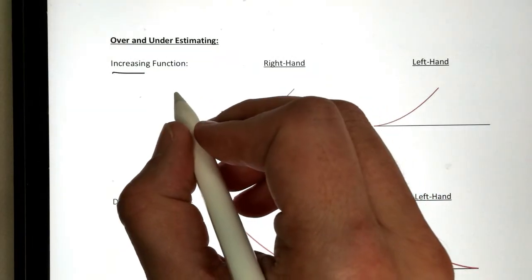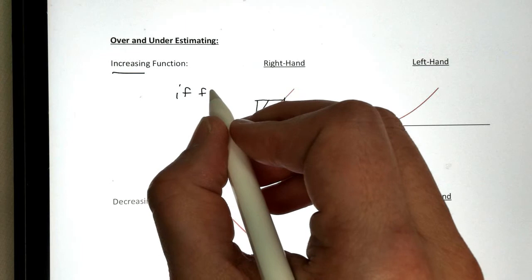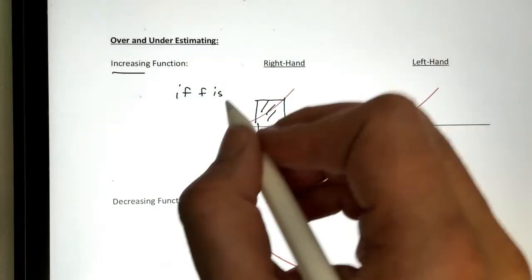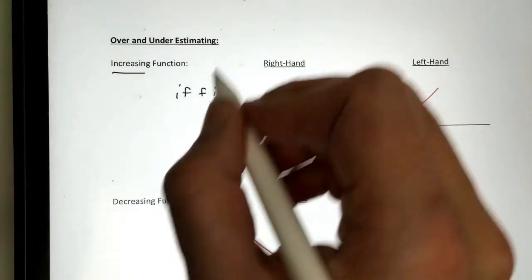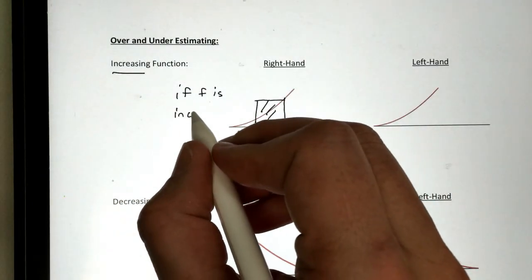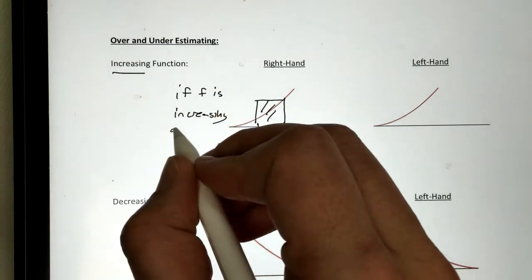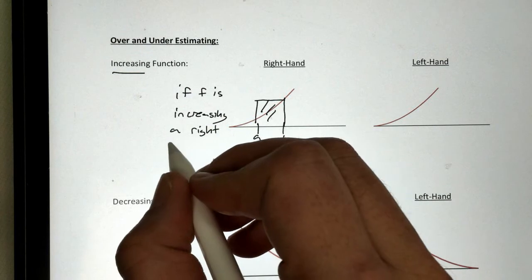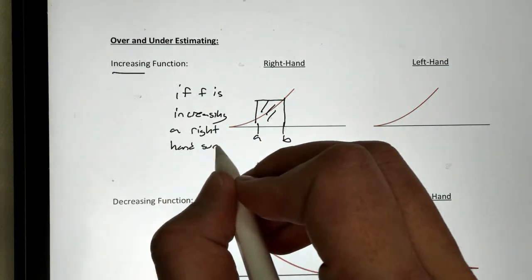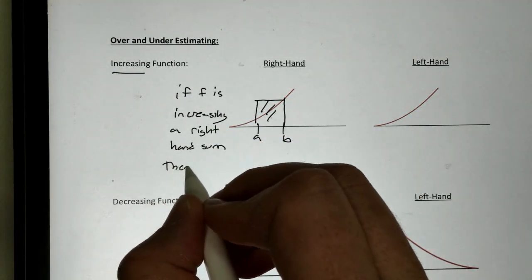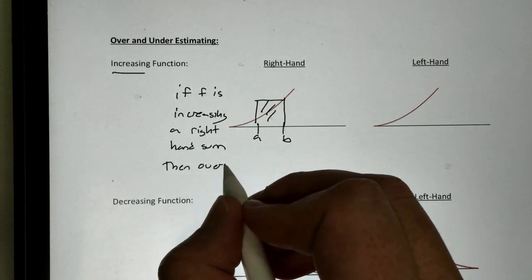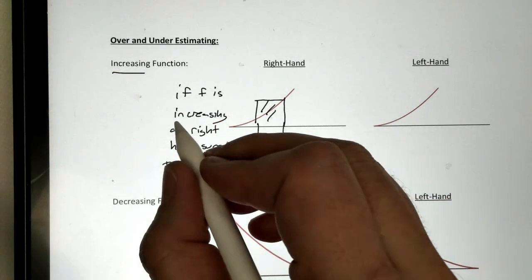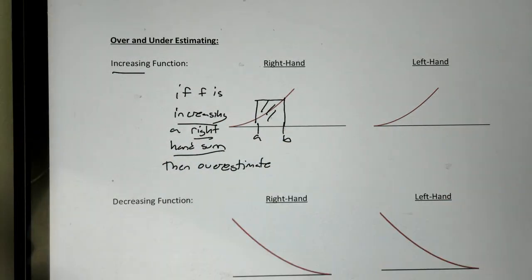So we would say this. If f is increasing and a right-hand sum, then it's going to be an overestimate.